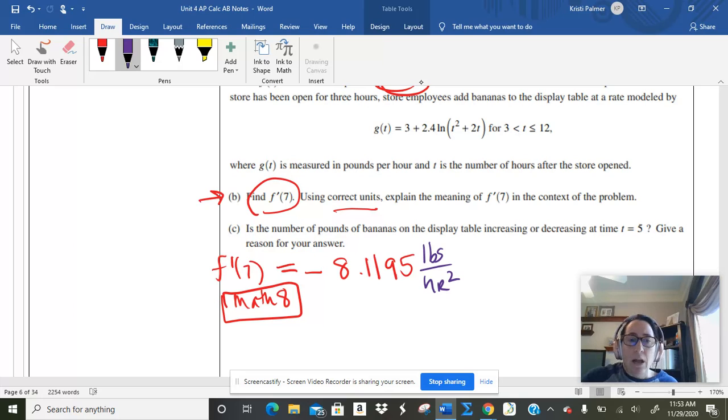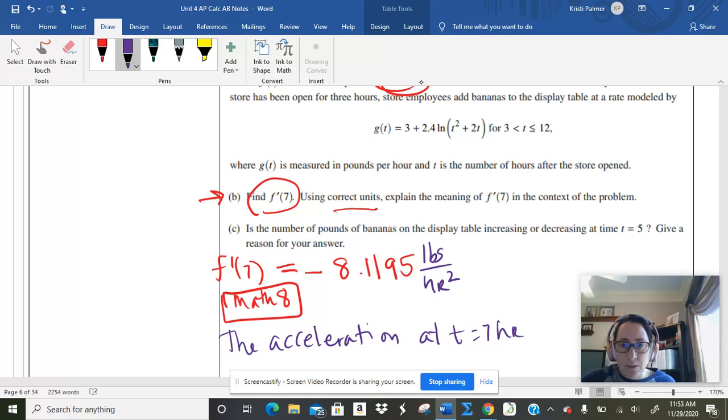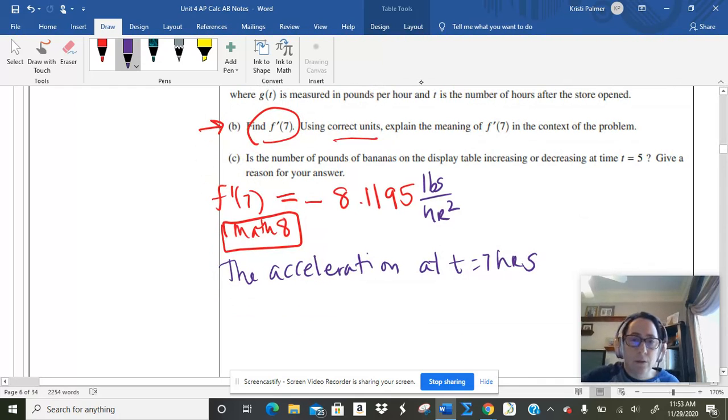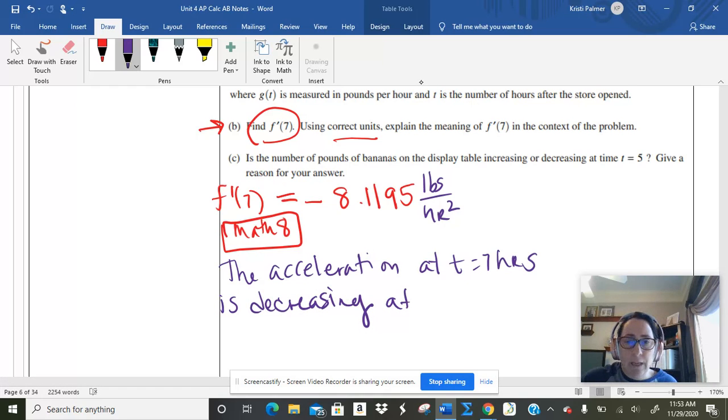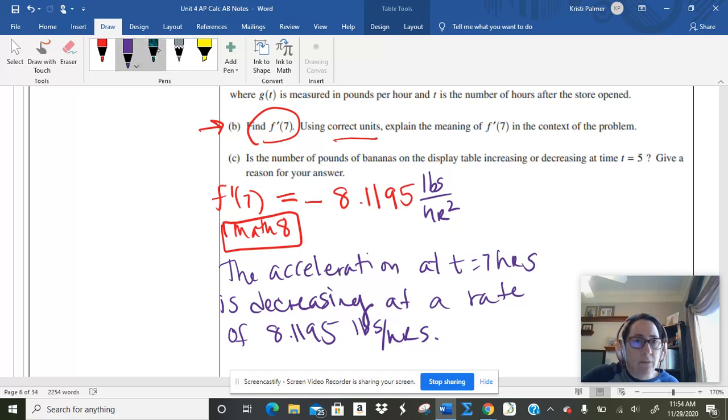So here, I know that the acceleration at t equals 7 hours is decreasing at a rate of 8.1195 pounds per hour. And I messed up. I'm reading this now.